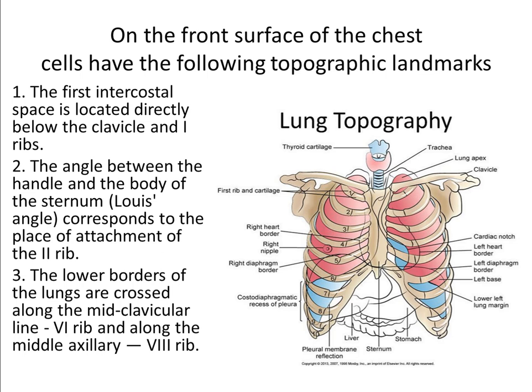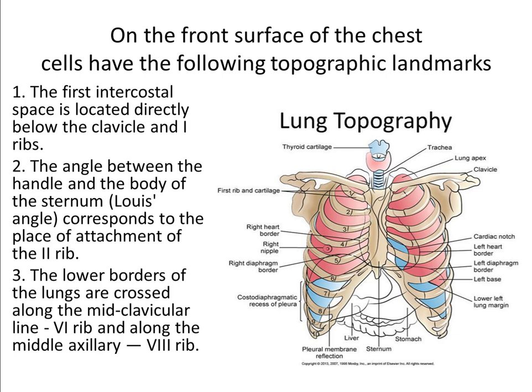On the front surface of the chest, we have the following topographic landmarks. First, the intercostal space is located directly below the clavicle and the first rib. The angle between the handle and the body of the sternum is called the Lewis angle and corresponds to the place of attachment of the second rib.